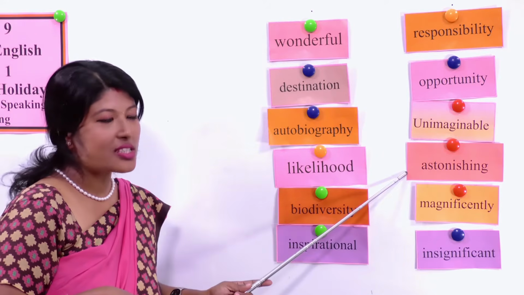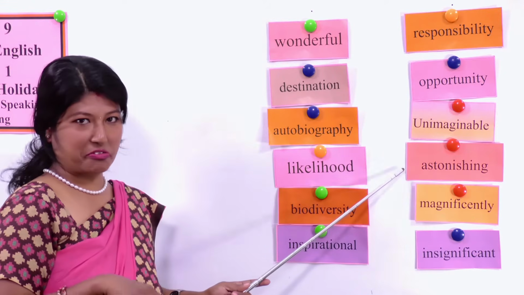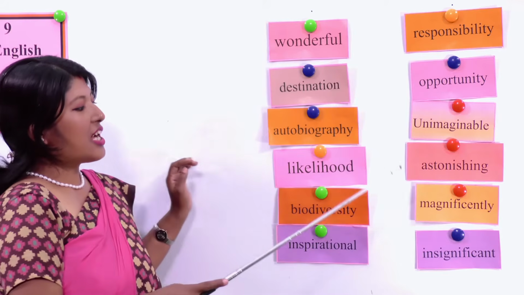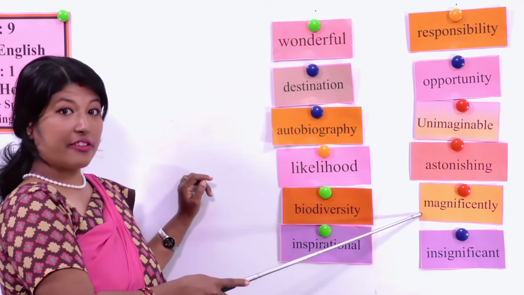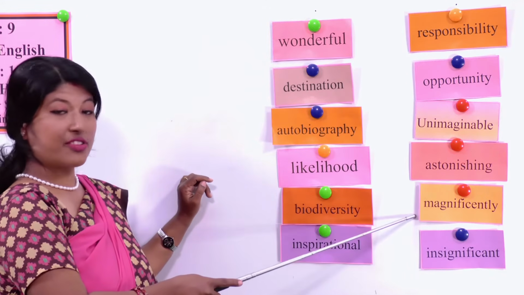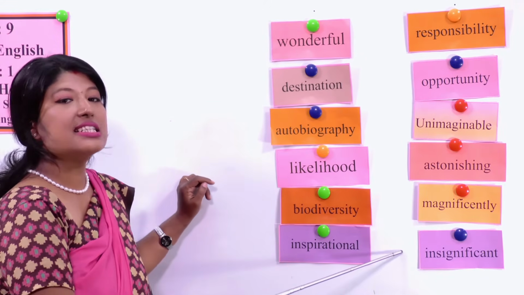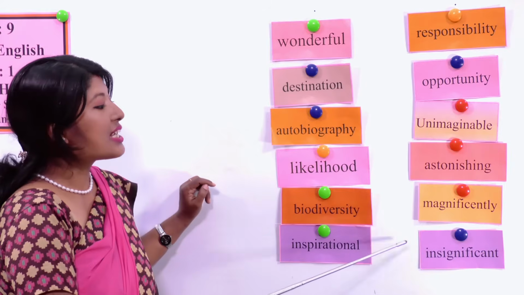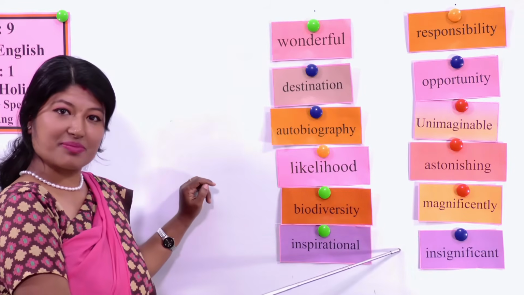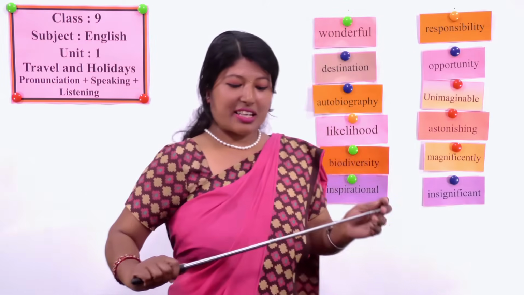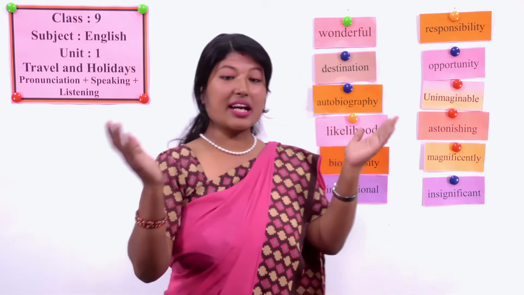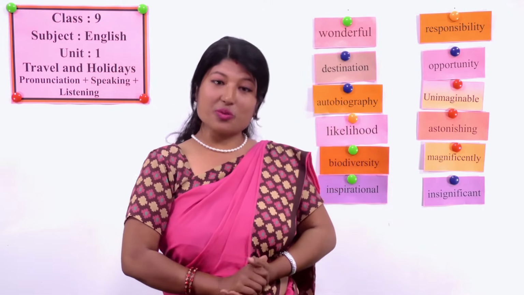How do you pronounce? Astonishing. Very good. This one is magnificently. Magnificently. And the last one is insignificant. Insignificant. Well done, everybody.